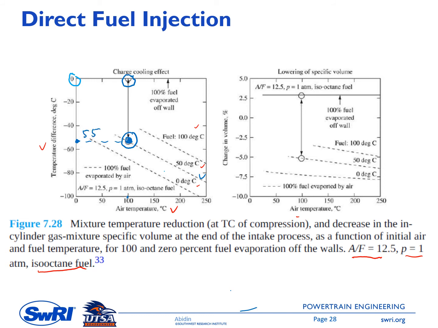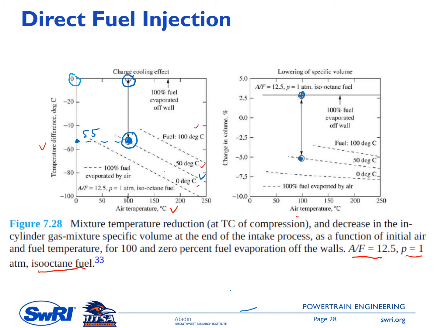Similarly, the right side shows the in-cylinder gas mixture specific volume at the end of the intake process. This one is for 100% fuel evaporation with the energy coming from the wall, and this one is for 100% fuel evaporation with the energy coming from the mixture.